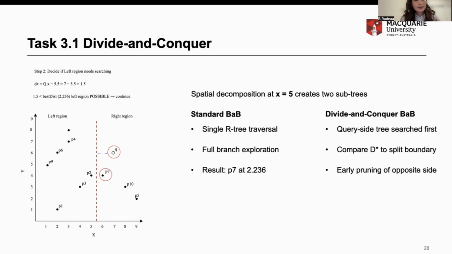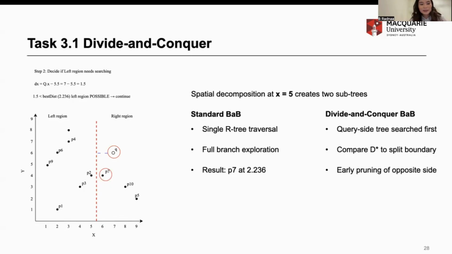In terms of divide and conquer, to optimize further, I divide the space at x equal 5. I built two smaller R-trees and search the side containing the query first. When we compare D star with the distance to the split line, if the split distance is greater than or equal to D star, we skip the other side.